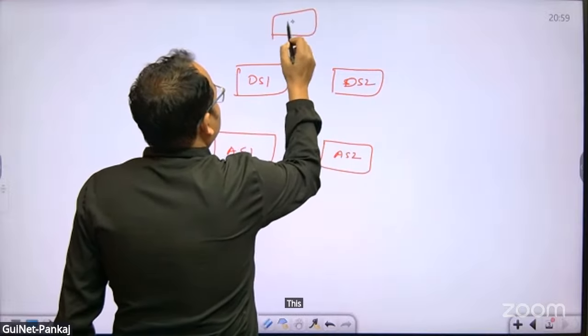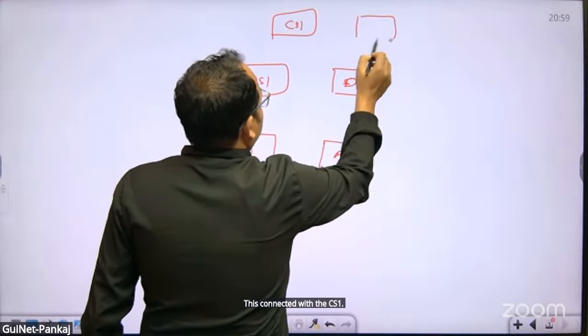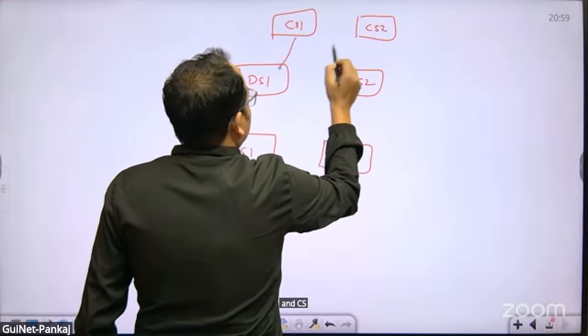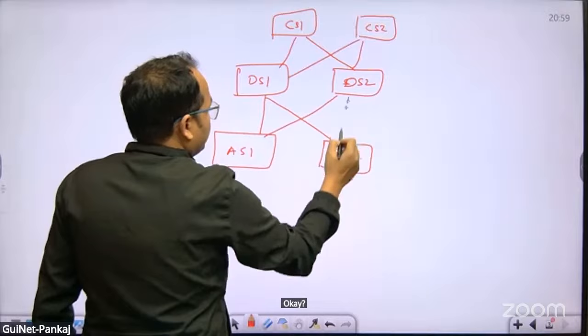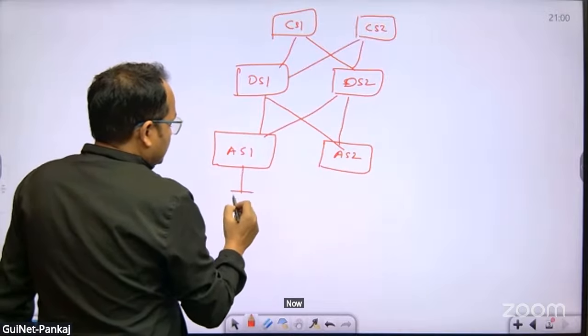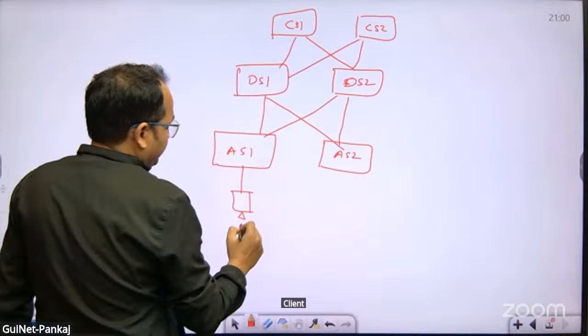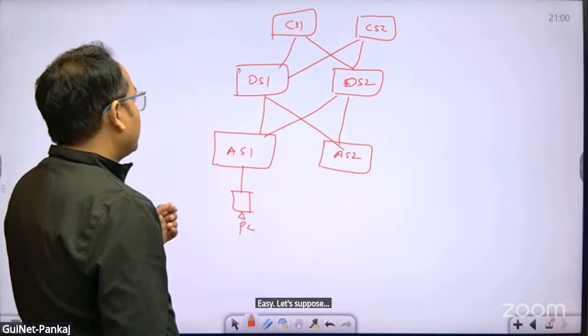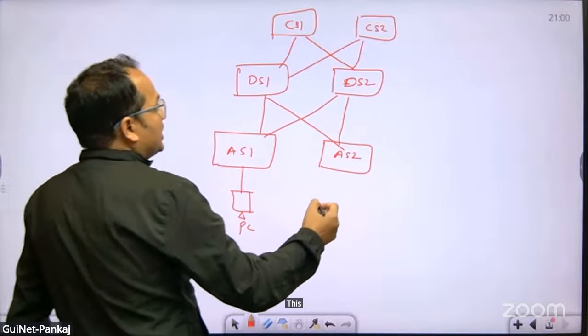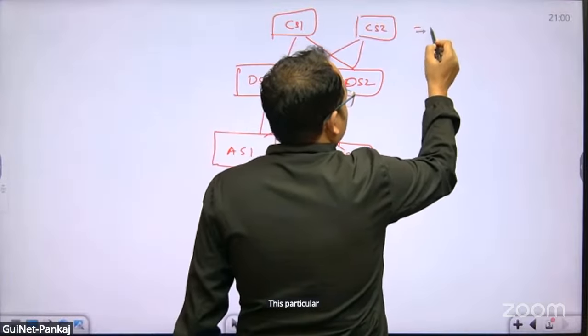This is connected with the CS1 and CS2. Okay. Now I have this client PC. Let's suppose this PC's SVI is created on this particular core switch.